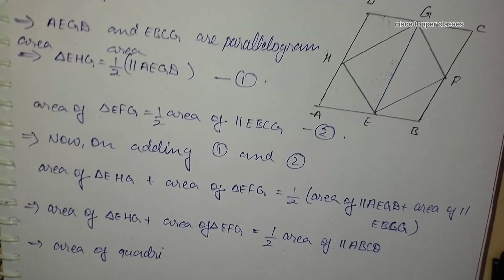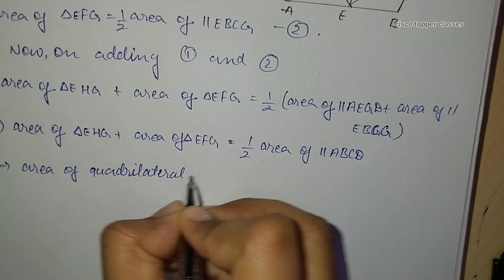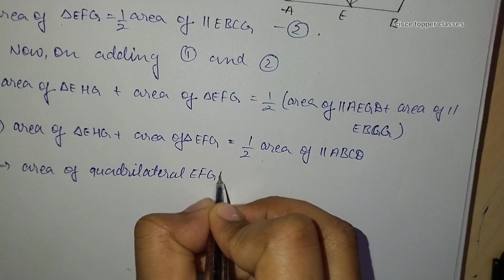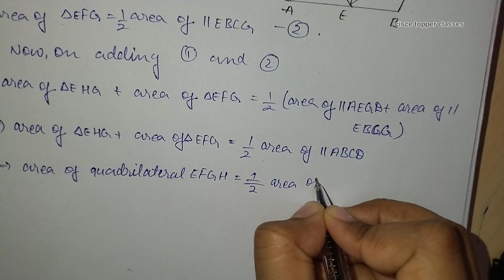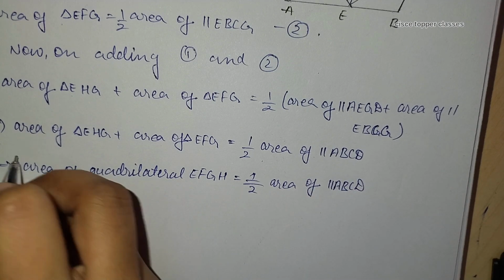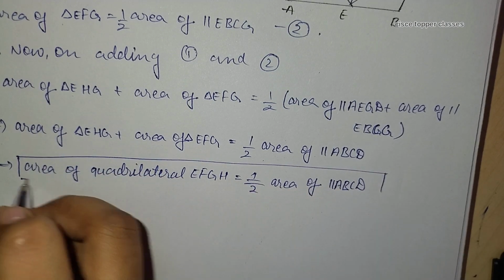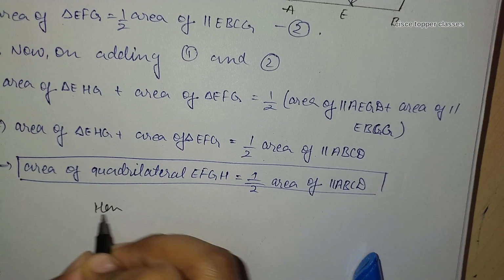So area of quadrilateral EFGH is equal to half of area of parallelogram ABCD. So this is the final thing which we have to prove, hence proved from here.